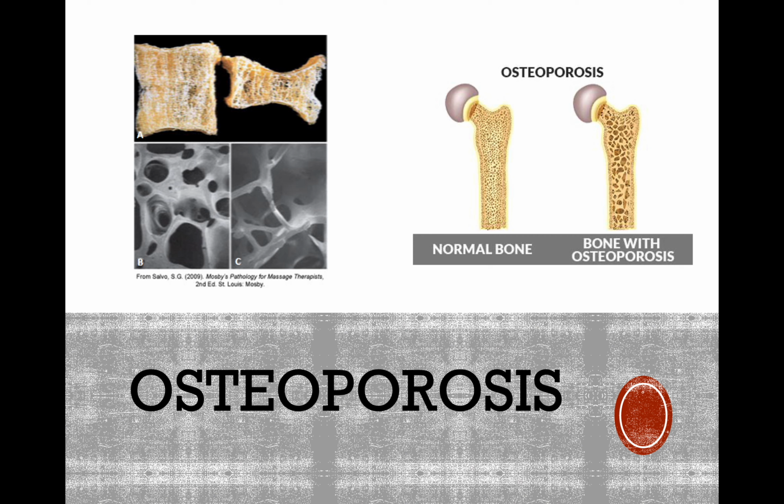If you look at the side by side comparisons of bones here, what we're seeing is that the osteoporotic bone has a lot of spaces in between all of that structure within the bone, which makes that bone weaker and more susceptible or prone to fractures.